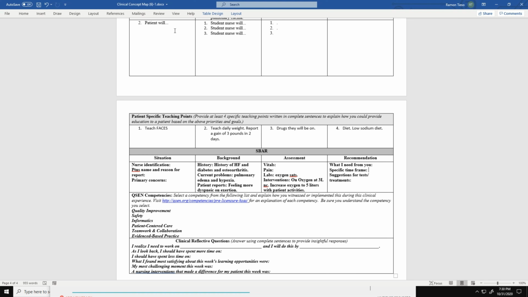Well, you're definitely going to need to call a doc and say, hey, we don't have any electrolytes on here. We need an order for that. So in that case, you would get pretty specific. Doc would be like, whoa, I overlooked that, and I'll probably give you the order for it. So let's move on down here.